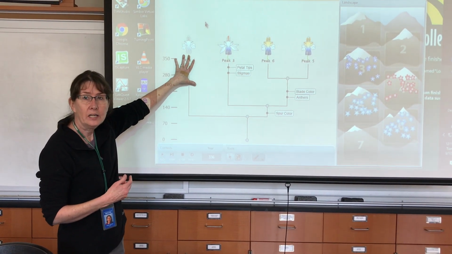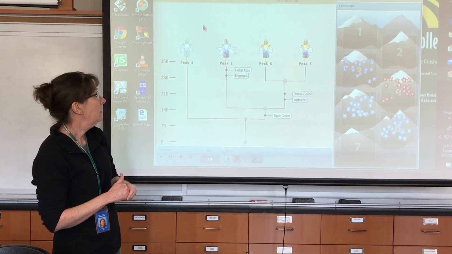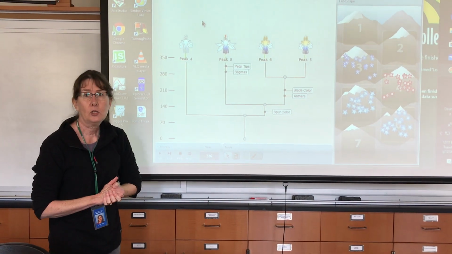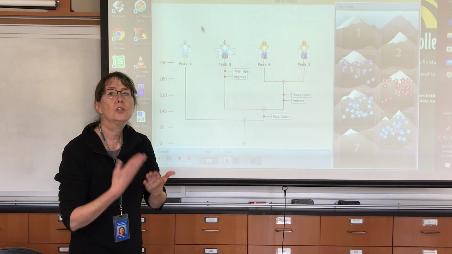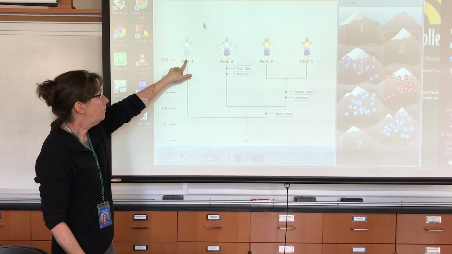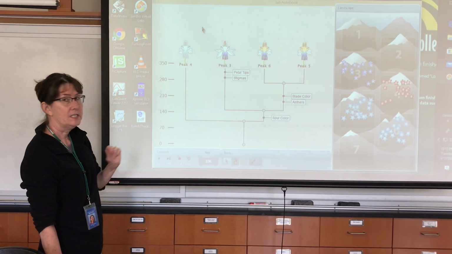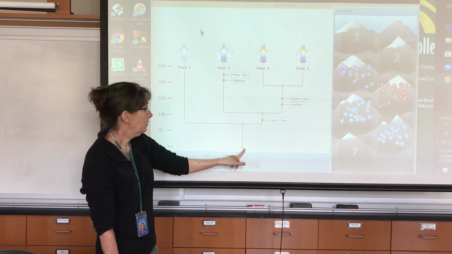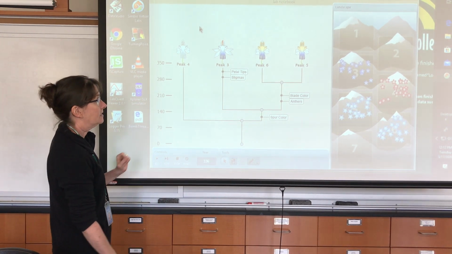The other complicated part is which peak is most closely related to the original ancestor. Again, our inclination is to say peak 4, it's off by itself. It doesn't have the changes that these other peaks have accumulated. But remember, relatedness goes to time past. Peak 4 to the original ancestor, 350 years have passed. Peak 3 to the original ancestor, 350 years have passed.